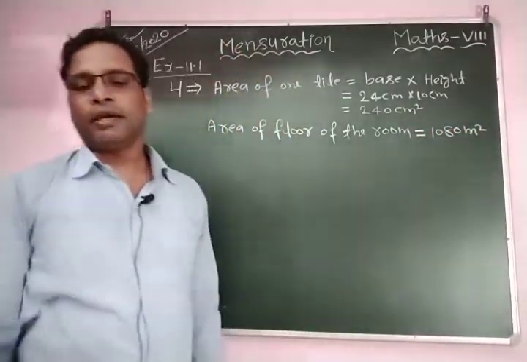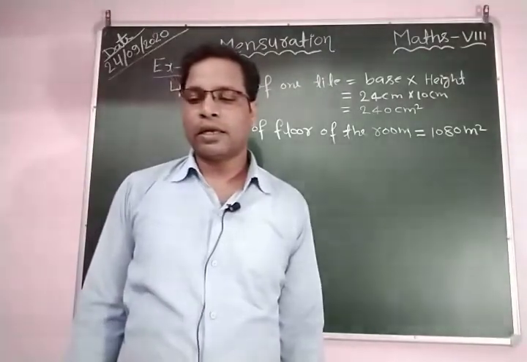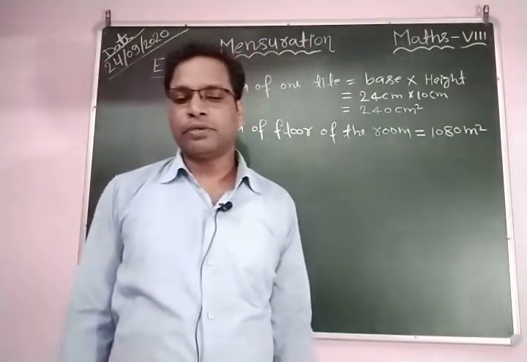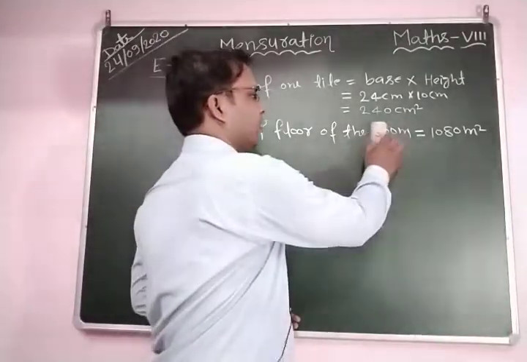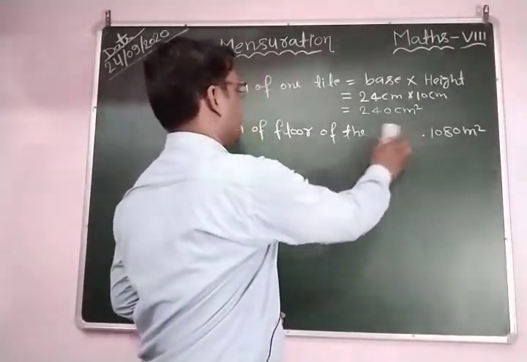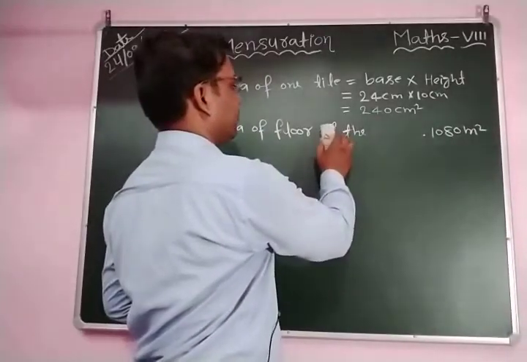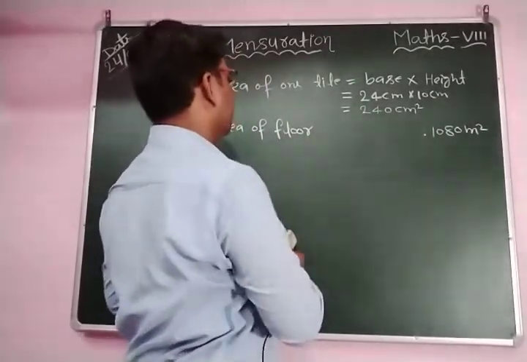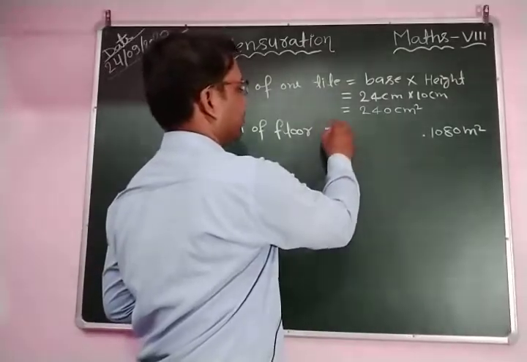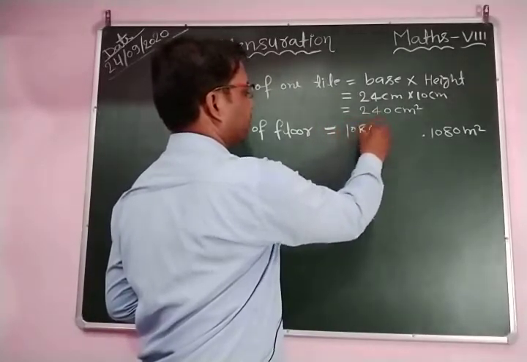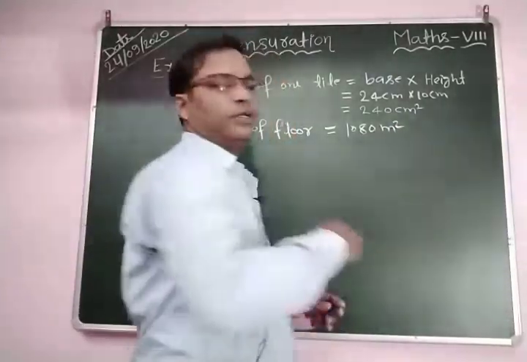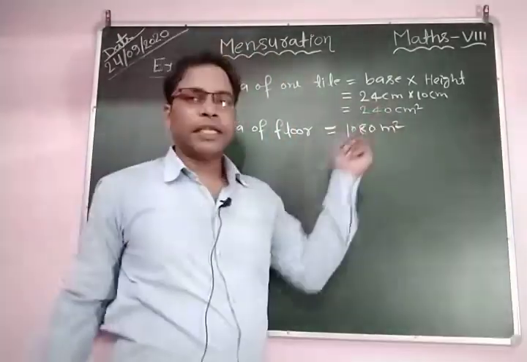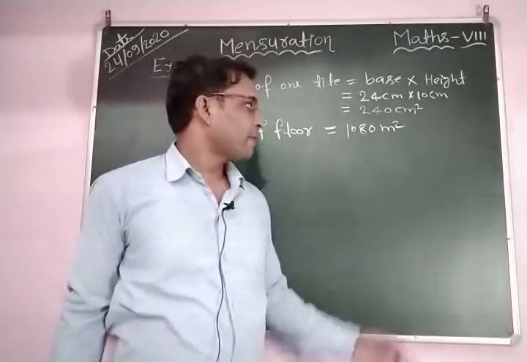Here the room is not mentioned, you can only write area of the floor. Area of the floor is equal to 1080 meter square. Okay, this is given. So here you can see the area of one tile is in centimeter square, and the area of the floor is 1080 meter square.